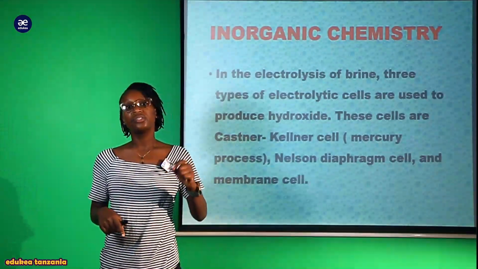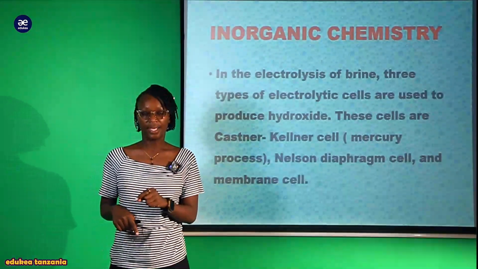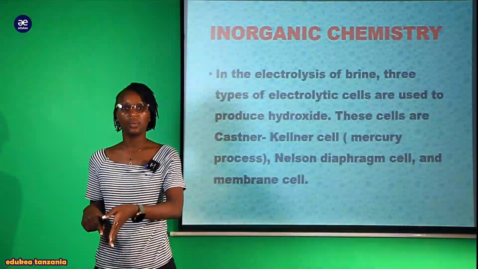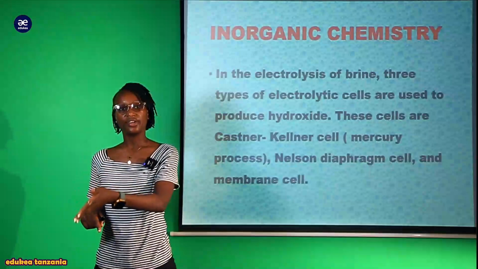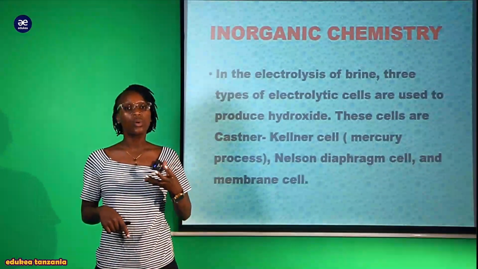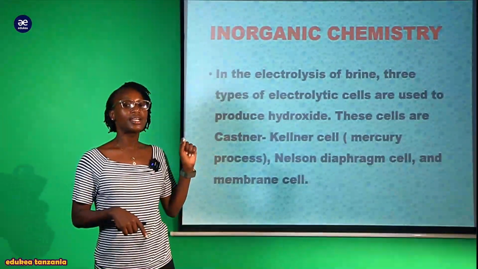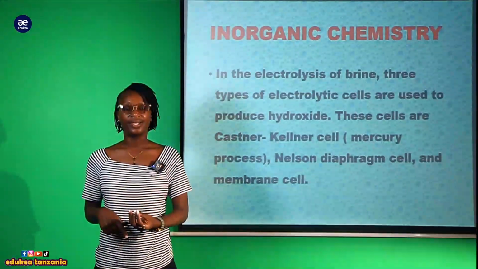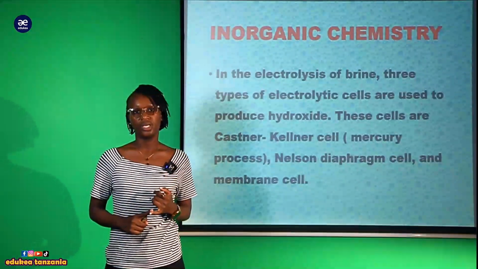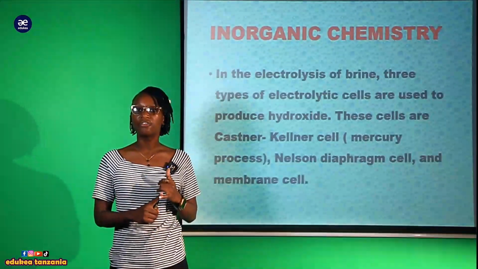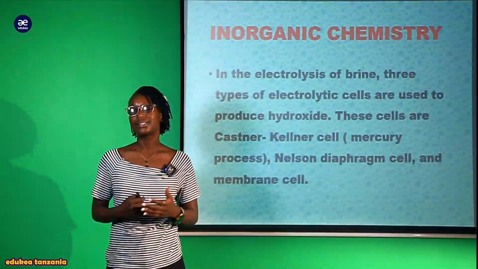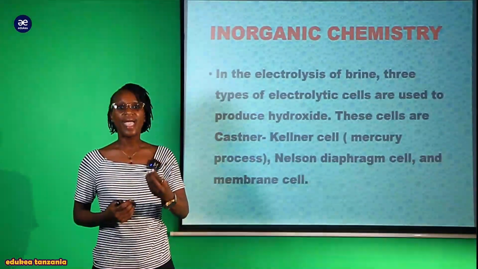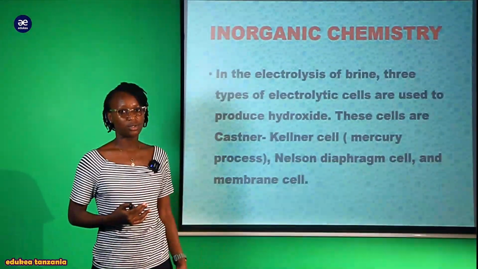In order to produce the sodium hydroxide you saw there, where sodium chloride reacts with water to give sodium hydroxide, hydrogen gas and chlorine gas, three electrolytic cells are used. As you know, we can't perform electrolysis without an electrolytic cell. We have to set up our electrolytic cells, which will be the main component for our electrolysis.